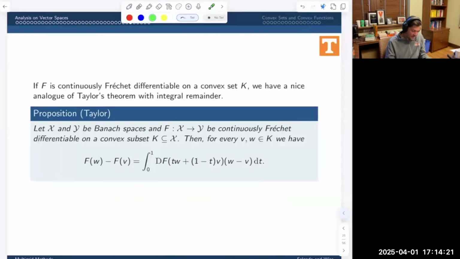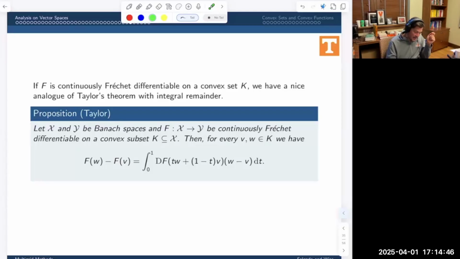If F is continuously differentiable on a convex set, then we have a nice analog of what's called Taylor's theorem. And the way you can prove this is, well, let's see, I guess it's not so easy to prove it in this sort of general setting, but it is for the functional setting. But we're going to just state it in its completely general way.